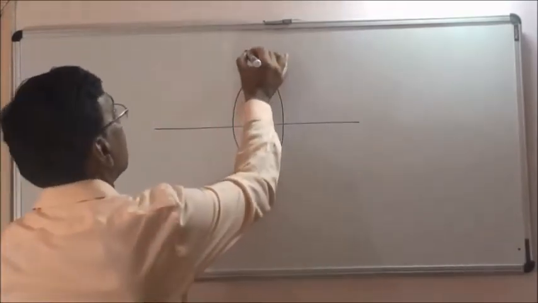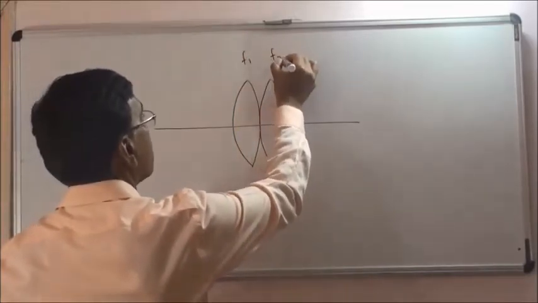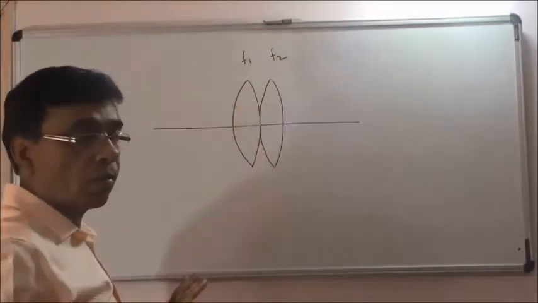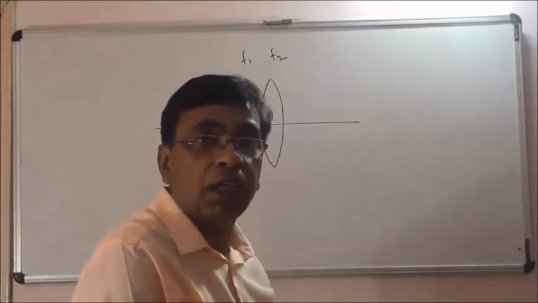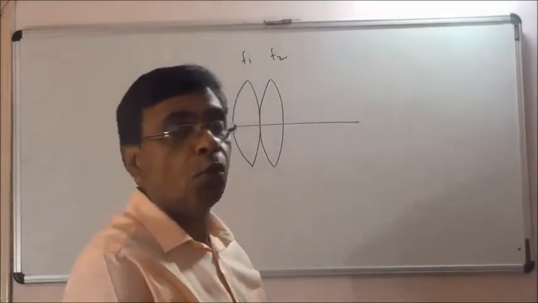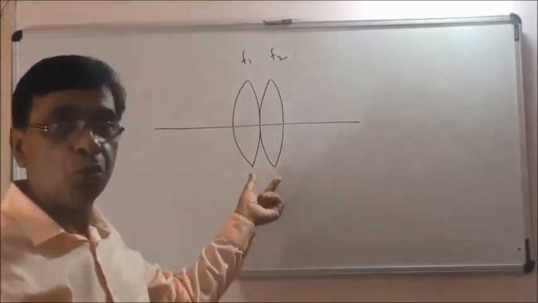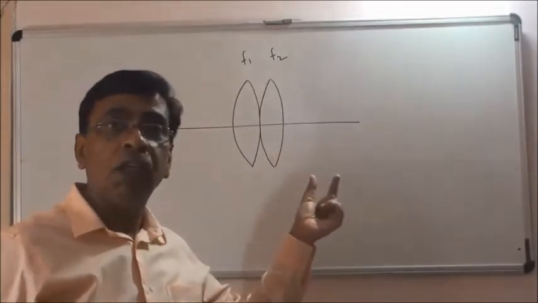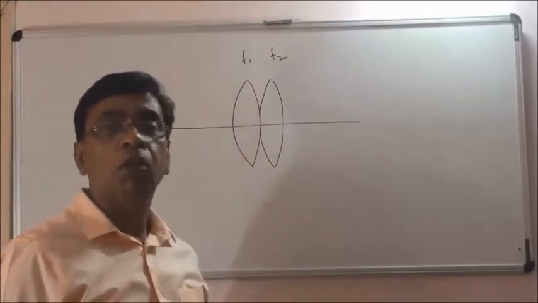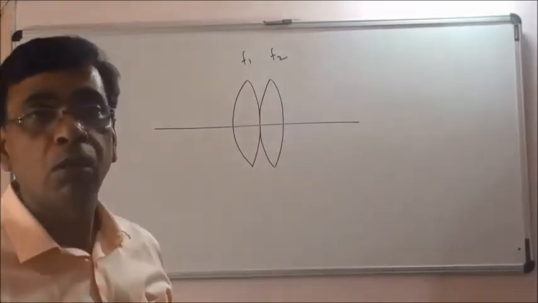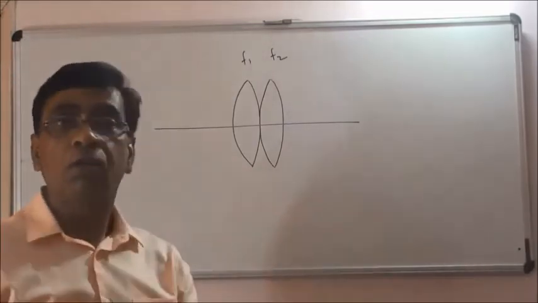So if the focal length is f1, and the other's focal length is f2, I want to find out what will be the focal length of a lens which can replace these two and will form the image at the same point where the image is formed by this combination. We call it equivalent lens, and its focal length will be called the equivalent focal length.